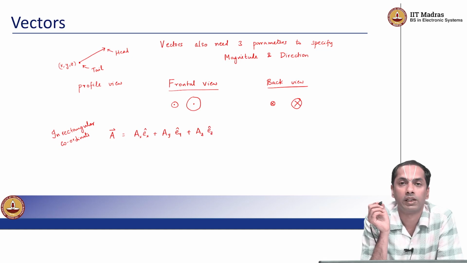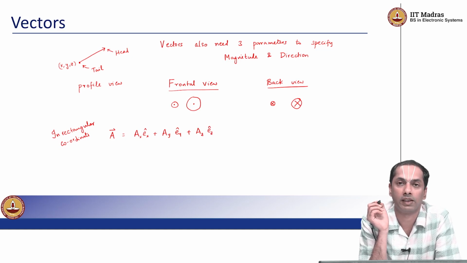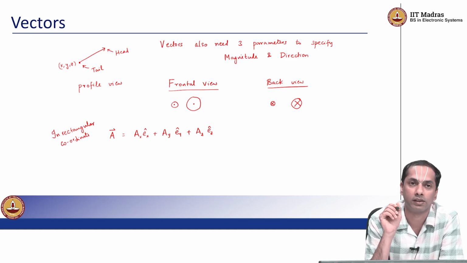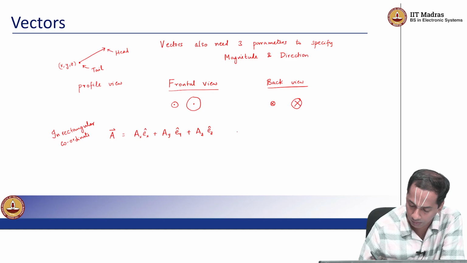Okay, so I need three numbers Ax, Ay, Az that essentially tell me the information of the magnitude and direction, right?